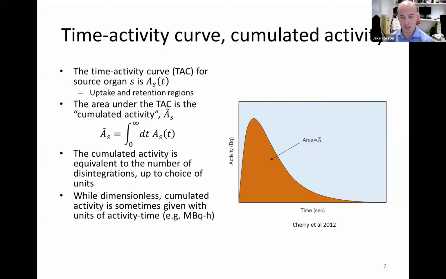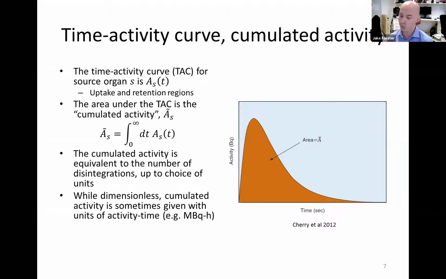And if we integrate the time activity curve from time 0, which we'll call the time of administration of the radiopharmaceutical, all the way to infinity, then we get this quantity called the cumulated activity. This is denoted by the A_S with a tilde on top of the A. For example, in this plot on the right, we have activity in becquerels, so decays per second, and time is in seconds. So the cumulated activity in this case will be the number of decays.